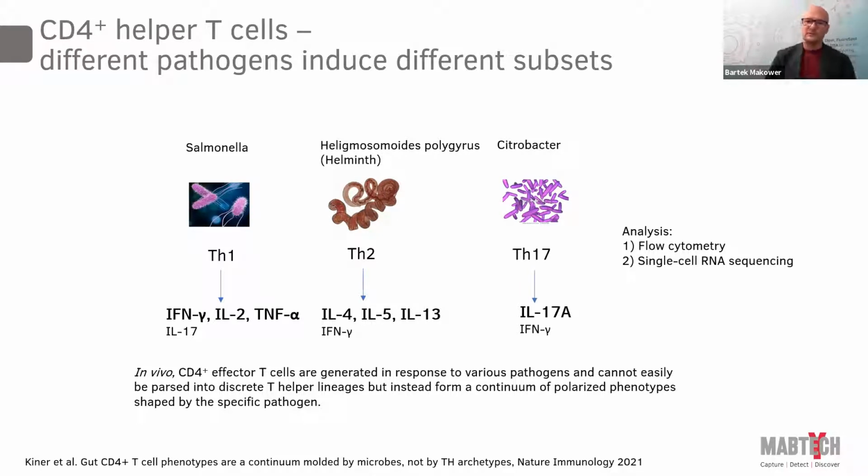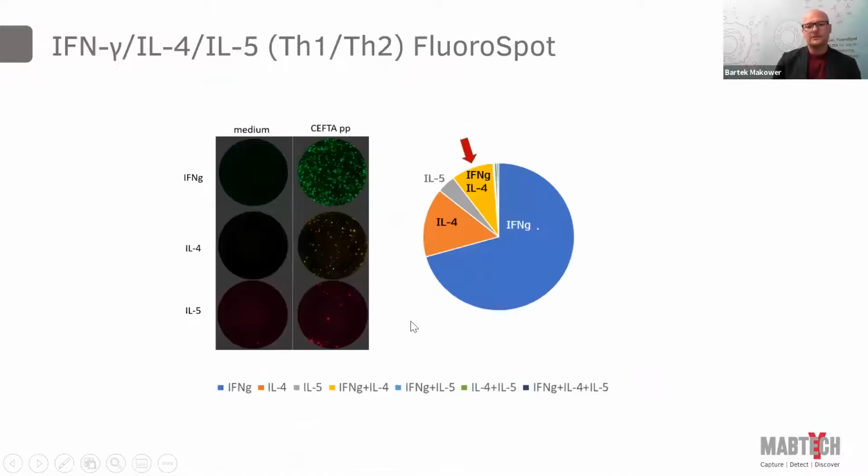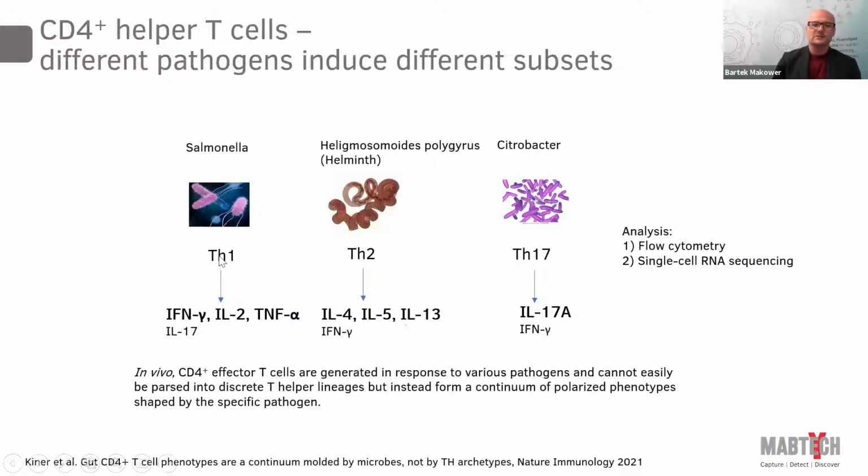So in flow cytometry, they could really divide these into discrete populations. But using single cell RNA sequencing, they were not really able to easily parse them into discrete T helper lineages. Instead, they form a continuum of polarized phenotypes shaped by the pathogen. And for example, the Th2 cells also express some interferon gamma, even though in theory that should only be expressed by Th1 cells.